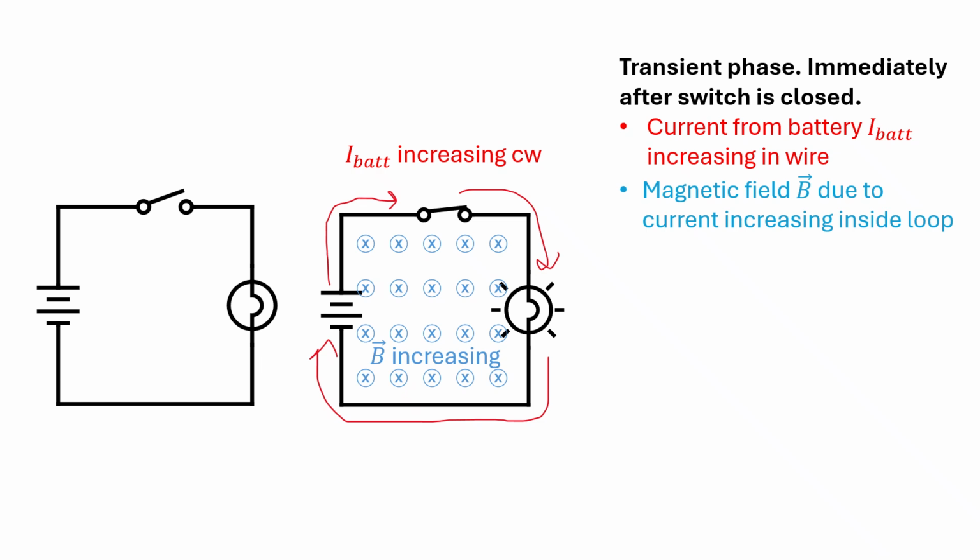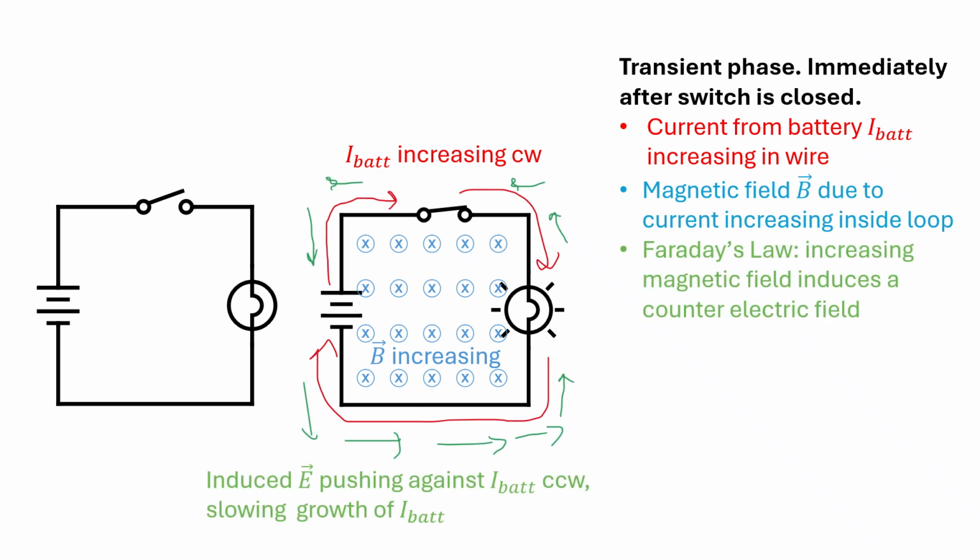And if you use the curl rule with your right hand, where your thumb points in the direction of the magnetic field into the screen, your right hand curls opposite the direction of the electric field that's generated because of the negative sign in Lenz's law. And so the electric field around the circuit points counterclockwise.